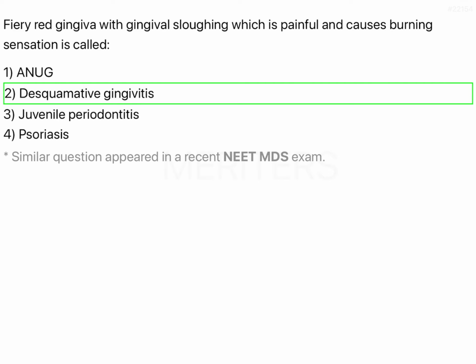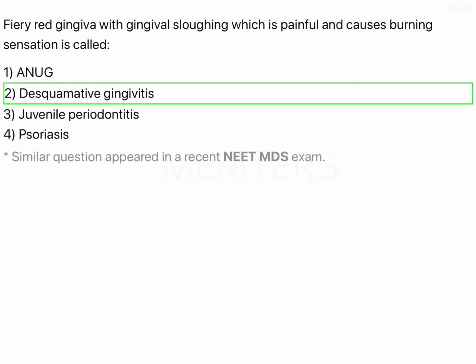Now, the most important conditions which can cause desquamative gingivitis are diseases of the skin. The most important ones are pemphigus vulgaris, pemphigoid, and lichen planus. All of them, especially atrophic lichen planus as well as erosive lichen planus, can very demarcatedly cause desquamative gingivitis in the oral cavity.